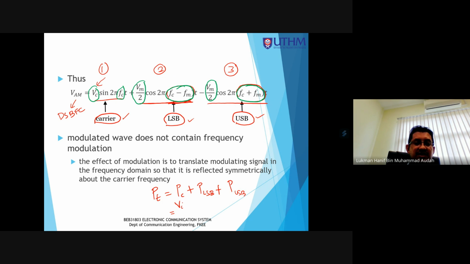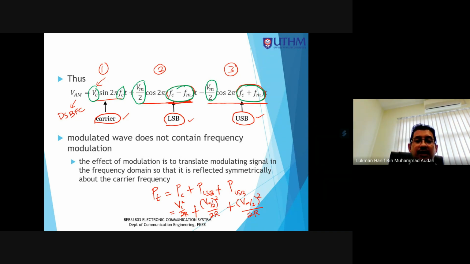That means it is VC square divided by 2R, plus Vm over 2 square divided by 2R, plus Vm over 2 square divided by 2R. So you get the total power.